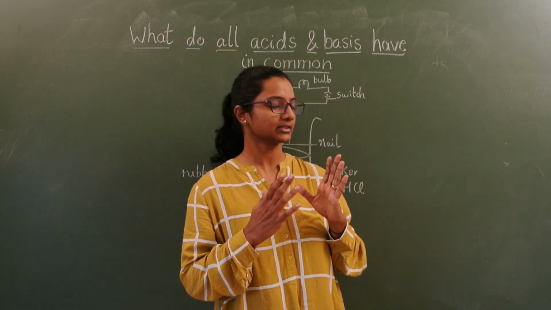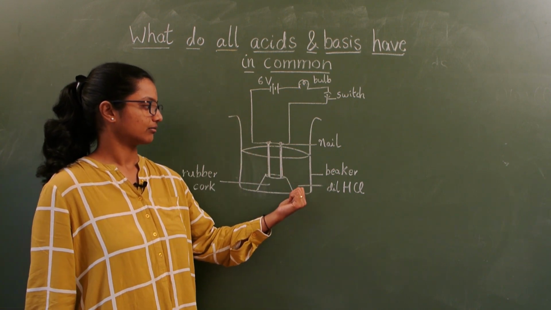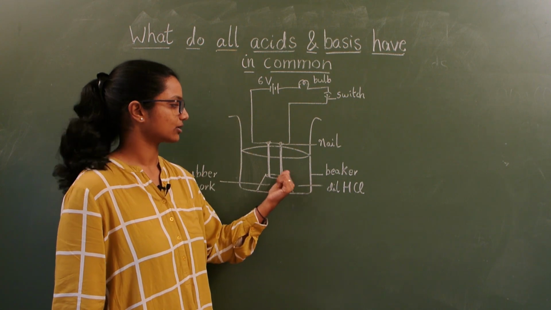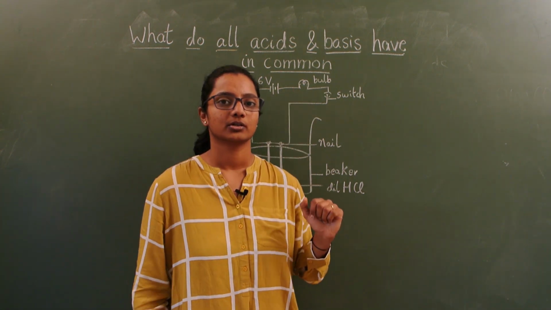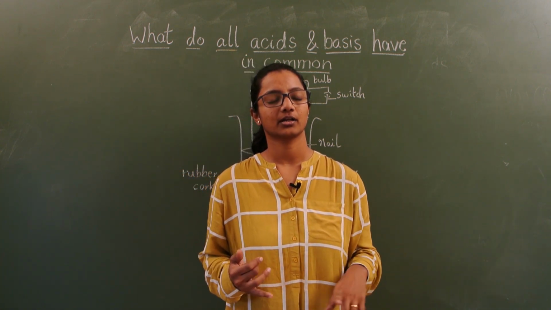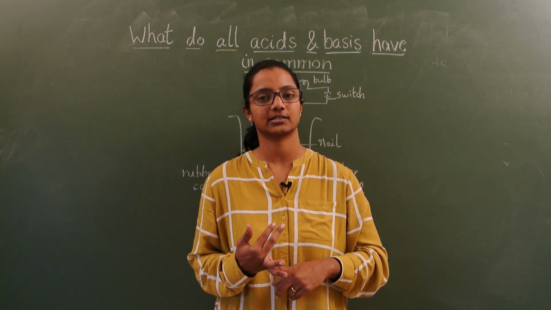In this experiment, if you substitute dilute hydrochloric acid with glucose and alcohol solution, you will observe that the bulb will not glow. So this shows that alcohol and glucose do not conduct electricity.